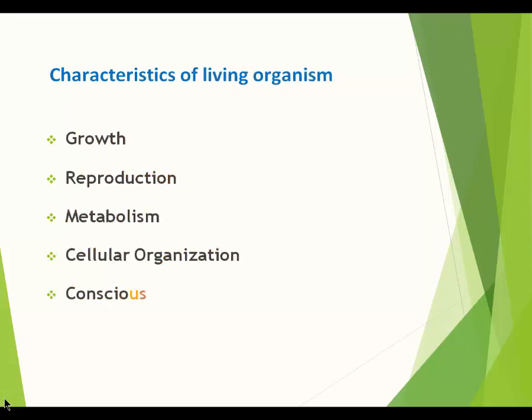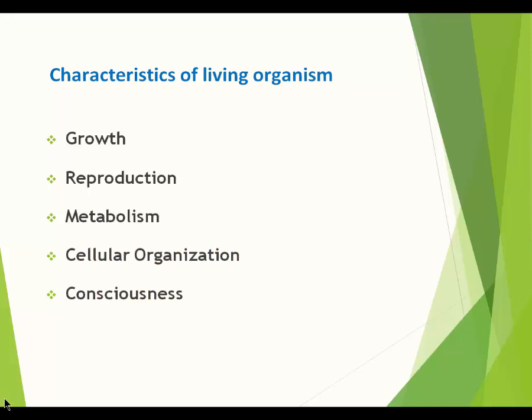Now the first question which arises is, what is life, or how to define life? There are certain characteristics of living organisms, and the culmination of these characteristics can be defined as life.